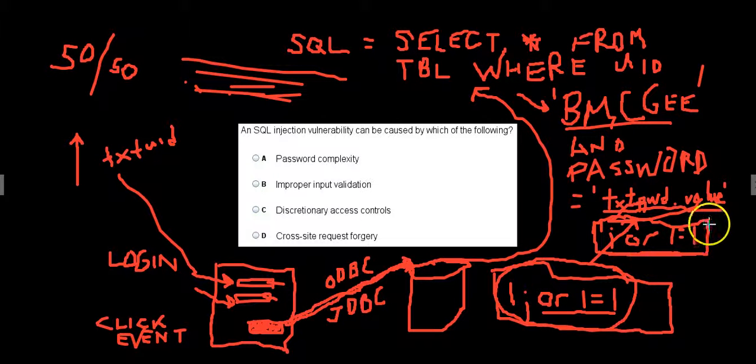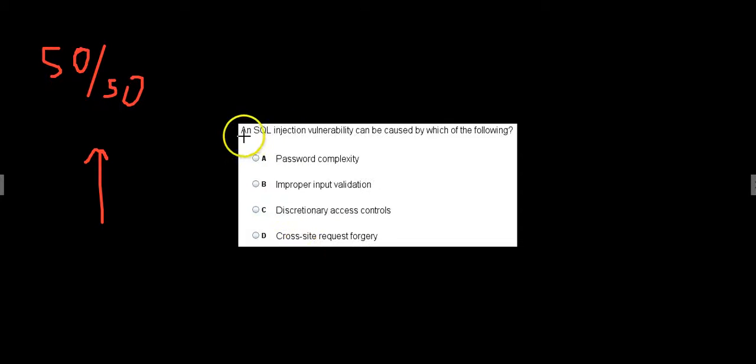So now that we've said that, I think that we can go through and answer this question. Let's do the 50-50 rule. Remember, 50-50, and then we'll go from the bottom up. All right, so a SQL injection vulnerability can be caused by which of the following?